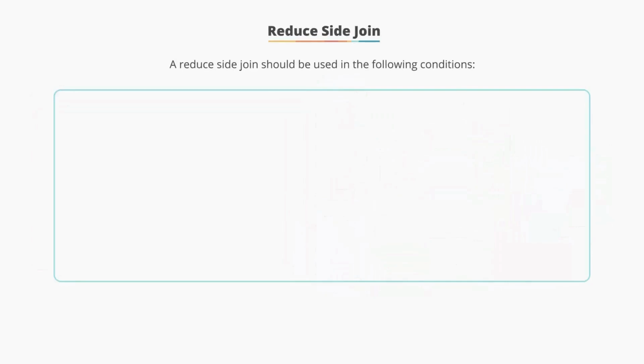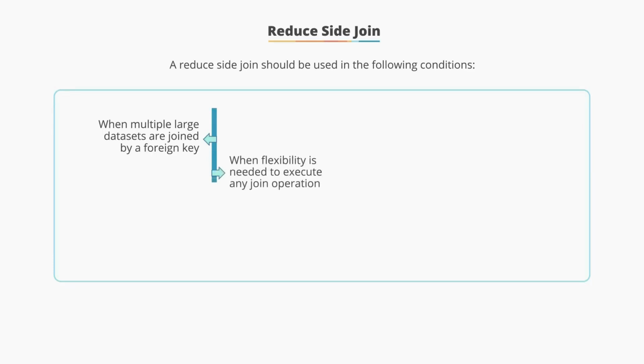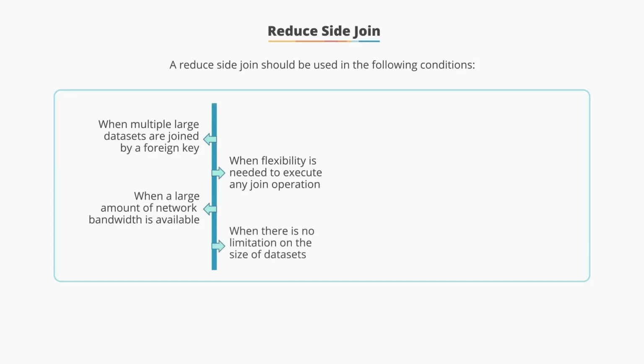A reduced side join should be used in the following conditions. When multiple large datasets are being joined by a foreign key, or when flexibility is needed to execute any join operation, or when a large amount of network bandwidth is available as we'll be moving data across the network, and also when there is no limitation on the size of datasets.